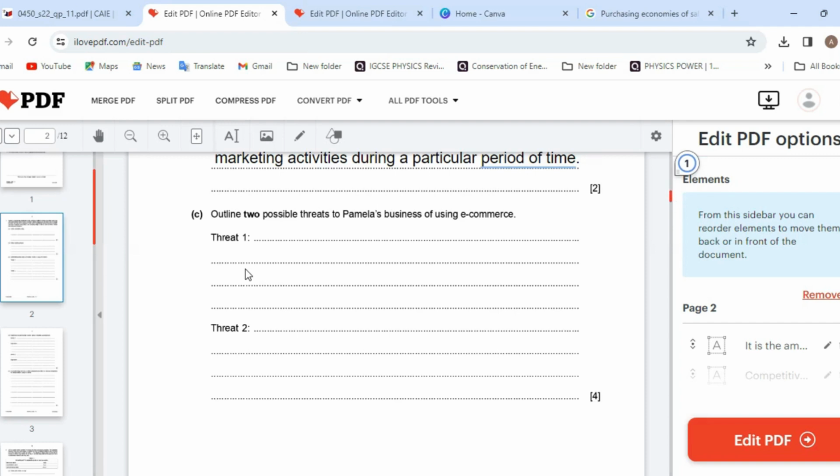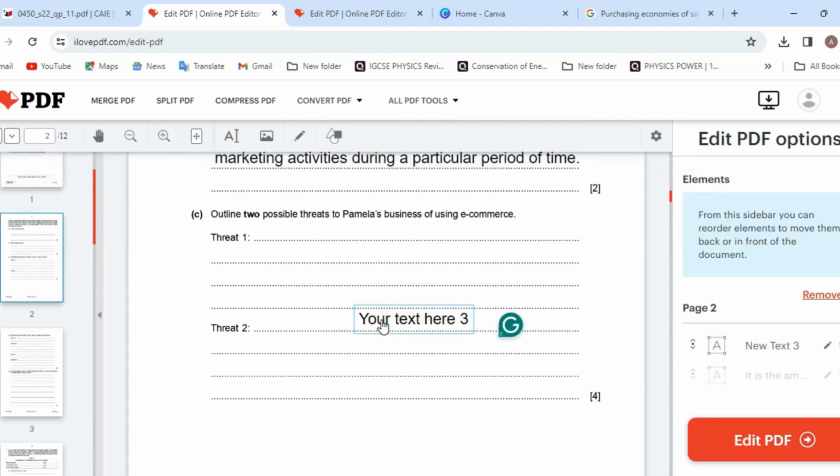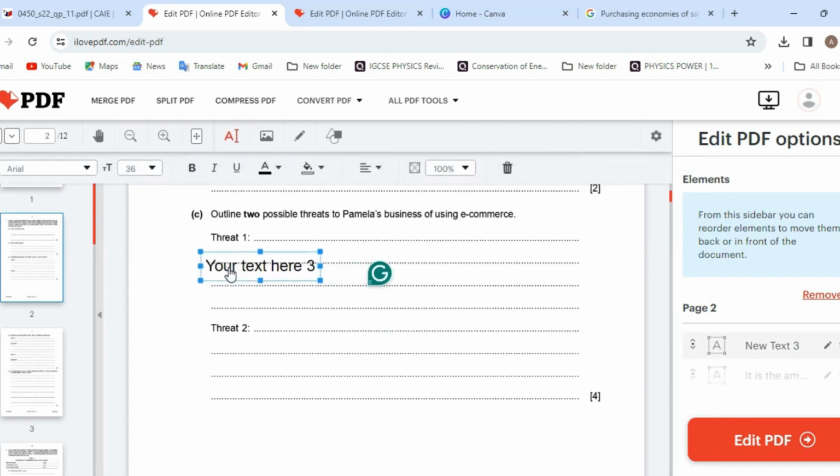Okay, the first one is that it will increase competition, because she will not be the only one using e-commerce for her business.